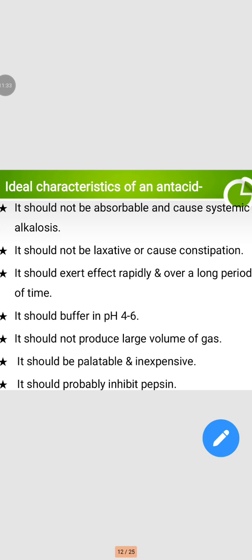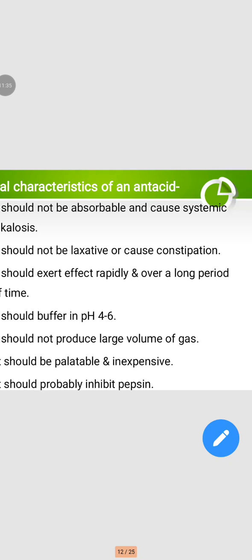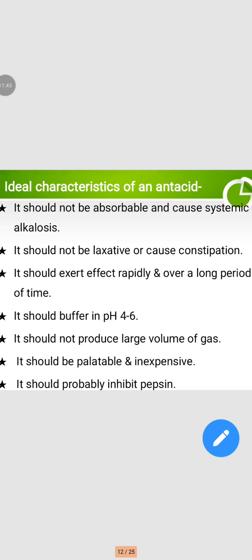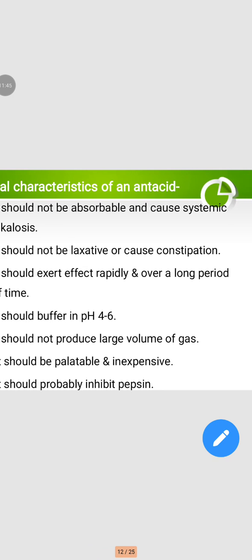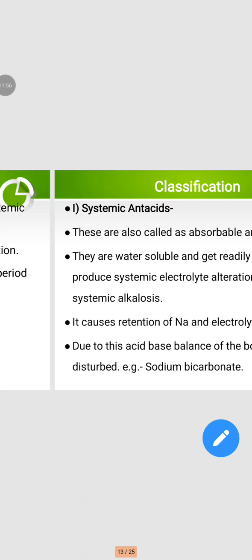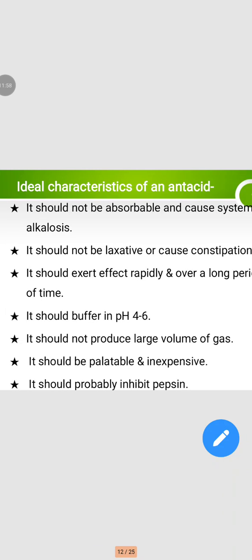It should exert its effect rapidly and over a long period of time. The buffer range of the antacid should be pH 4 to 6. It should not produce a large volume of gas.